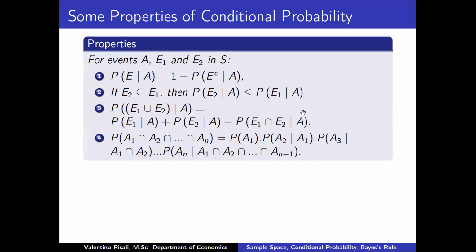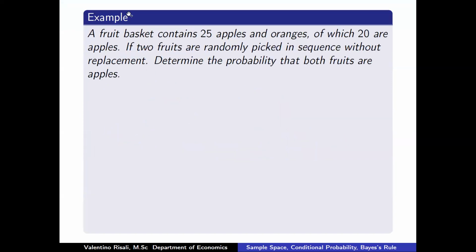For illustration, we will discuss an example about the fourth property. In a basket, there are 25 apples and oranges. 20 of them are apples. Then we randomly pick in sequence without replacement 2 fruits.